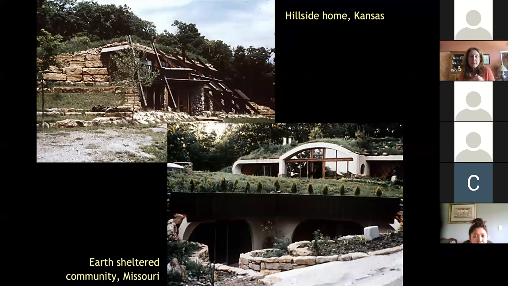The lower right picture is an interesting one. This is also on a hillside, but it's a community of earth-sheltered buildings that step down the hill so that the roof of one home then becomes the front yard of the home above it. And so each one steps down, and each one has exposed glazing and outdoor space.